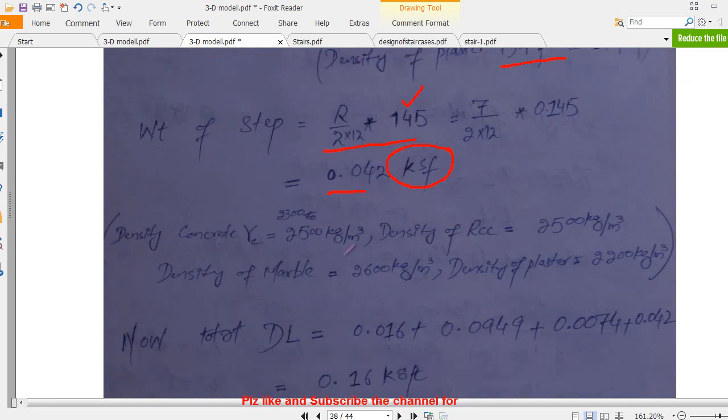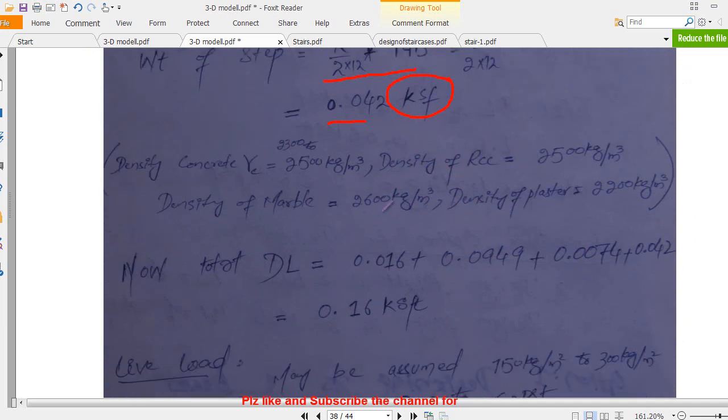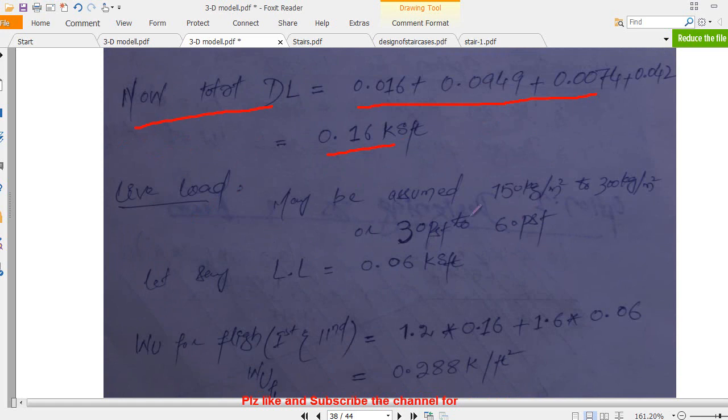Okay, so 0.042, and these are some extra information for you, how much the density of different materials is. Now for the total dead load, you just need to add all the loads, and you got 0.16 ksf. Live load, this is important. For staircase design, we assume live load from 150 to 300 kg per square meter, which is 30 psf to 60 psf.